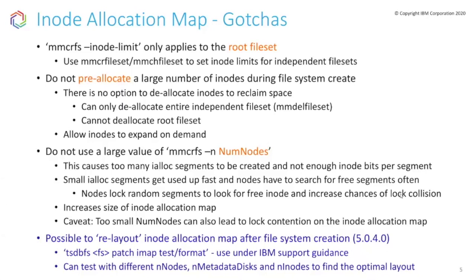And in 504, we provided an undocumented way of reformatting or doing a relayout of the inode allocation map. This is not a trivial operation, so it needs to be done with IBM support help. But it is possible to re-optimize the inode map if you made a mistake in the various arguments that decide how it's laid out.